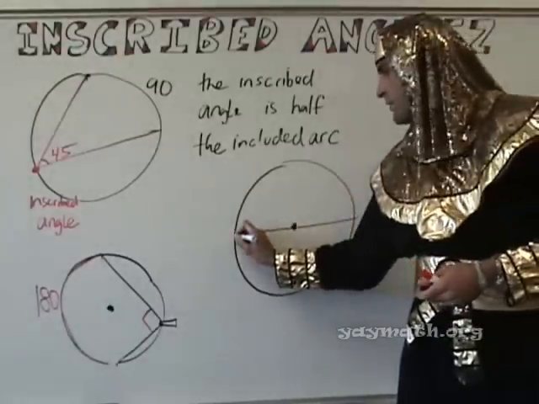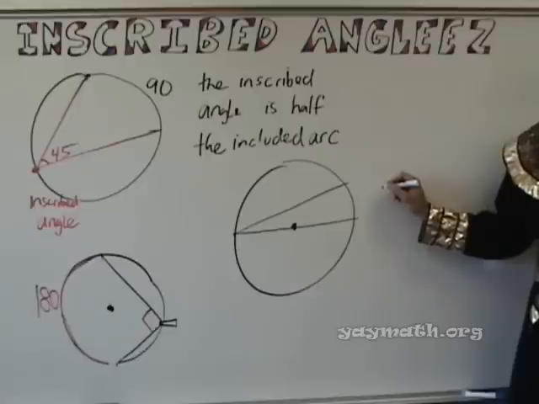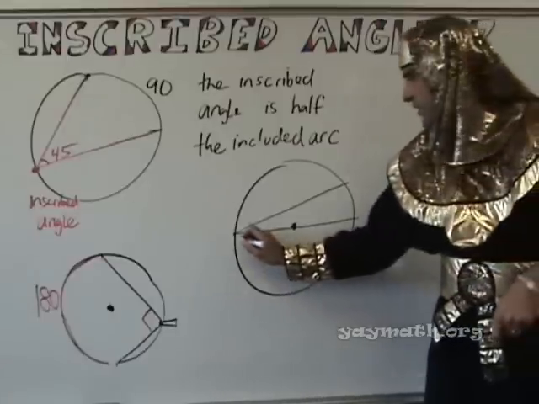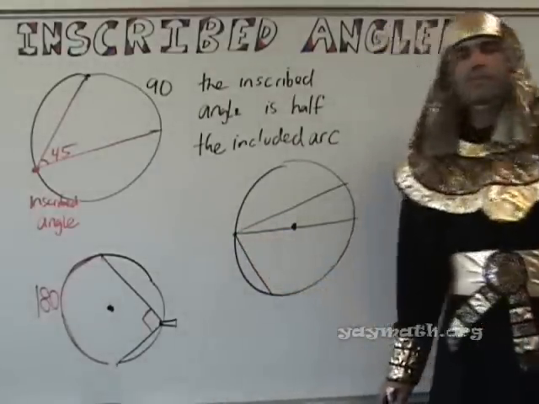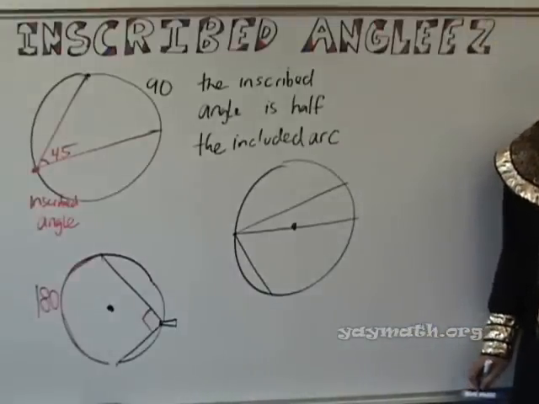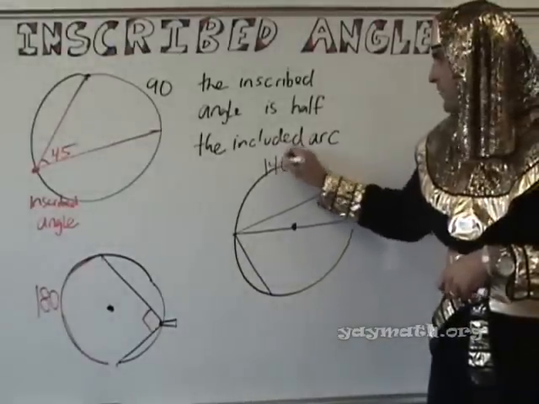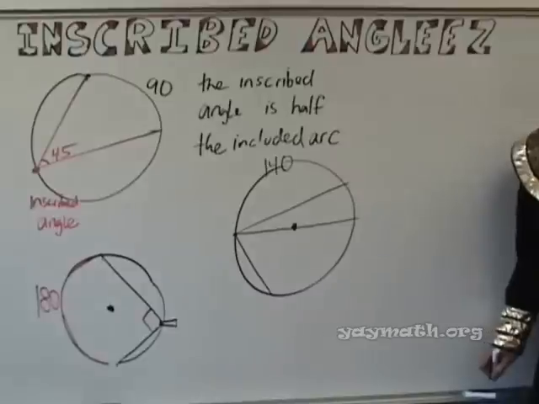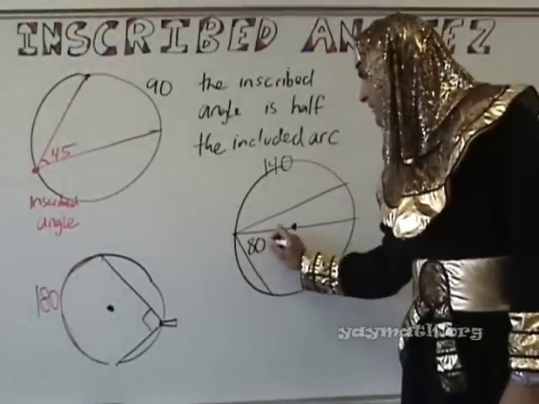Please draw a chord further to the right over here. Please draw another chord going down from this point to the left. All right, included information is this arc here is 140, and it's 80.